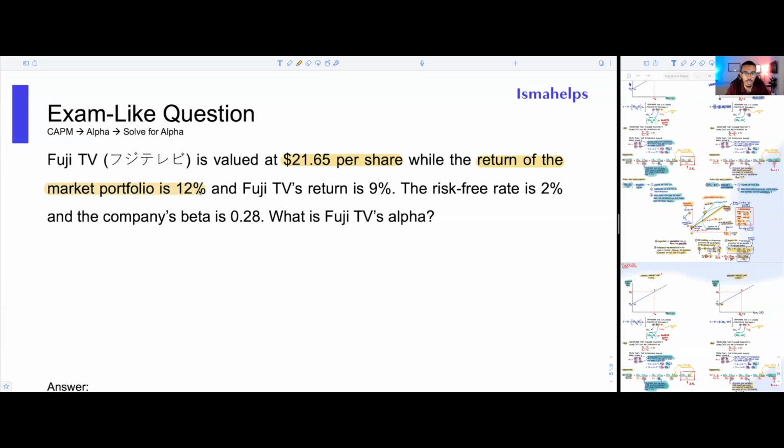I guess we'll start by defining variables already. We know that the price of Fuji TV is 20.65. We know that the return on the market portfolio is equal to 12%. We know that the expected return on Fuji TV is equal to 9%.